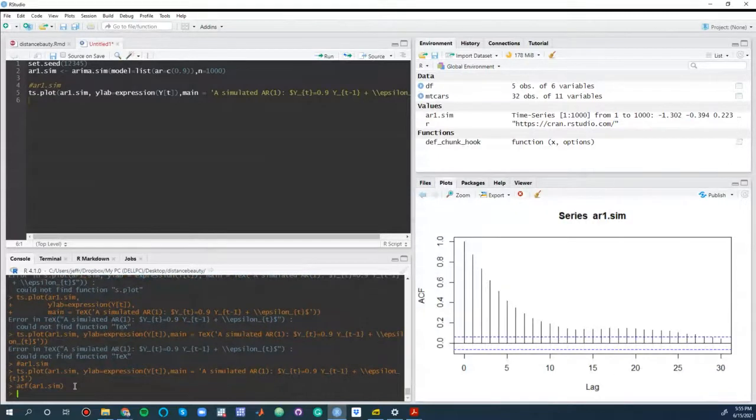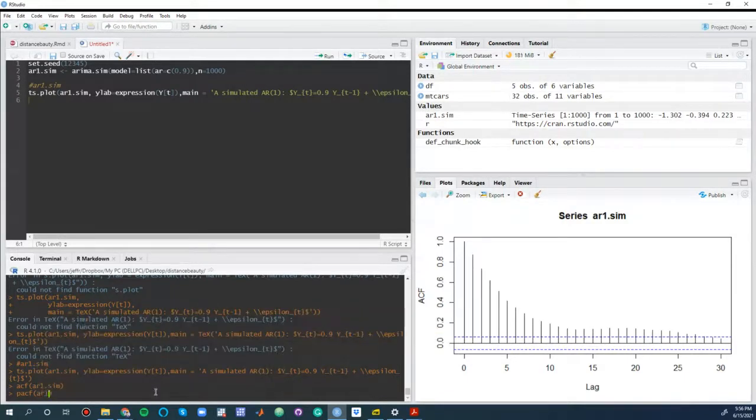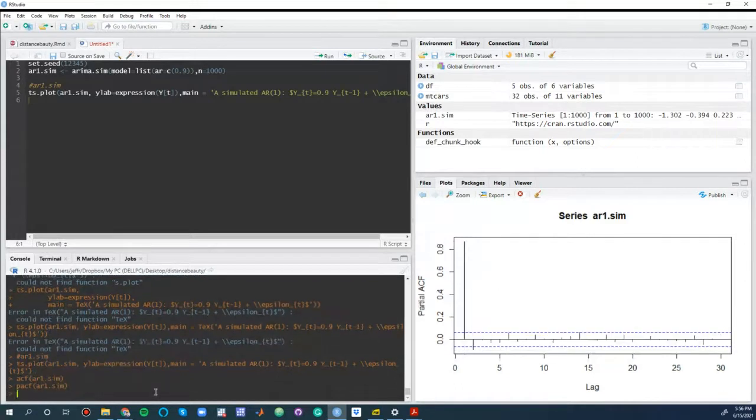Now you will see the autocorrelation function. And the partial autocorrelation function is just using the pacf function in R. So you will have the partial ACF and ACF.